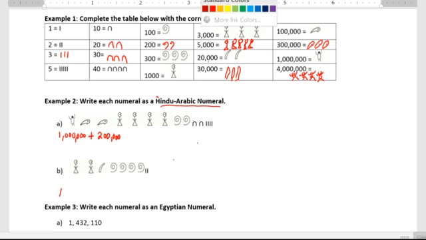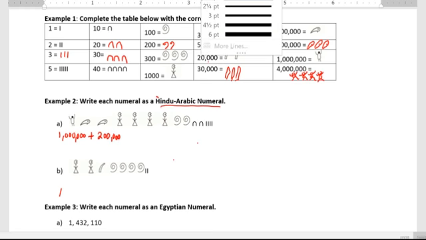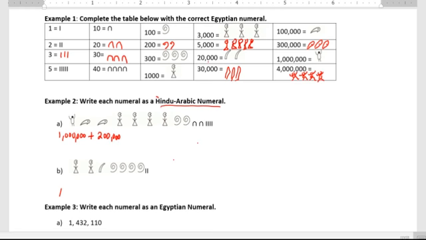And then we have the lotus plant. So we have 4 of those. So each one represents 1,000. So if we have 4, we end up with 4,000. And then we have 2 spirals. Each spiral is 100. So that's going to be a 200. And then we have 2 heel bones.